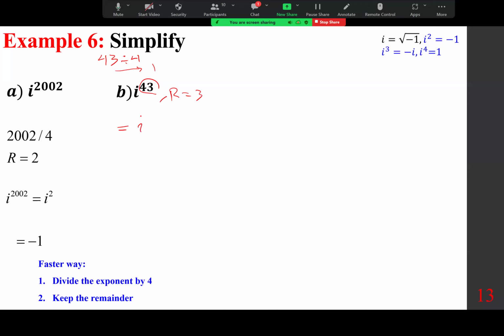So this is I cubed, which is -I. 164 is divisible by 4, everybody. 164, if you divide it by 4, the remainder is 0. So this is equal to 1. Or you can say I to the power of 0, therefore 1.